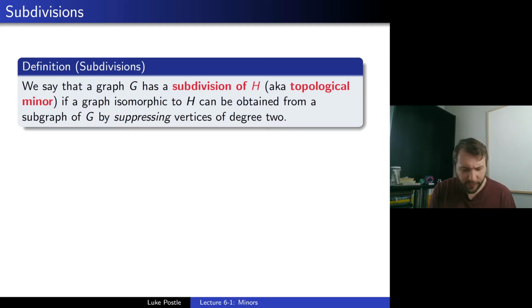I won't draw a picture, you've probably seen this, but that's a subdivision of H. So it's also known as a topological minor. And it's a very special kind of minor. So actually, if you contain H as a topological minor, then you contain it as a minor, not necessarily vice versa. So that's, again, the operational definition of subdivision.